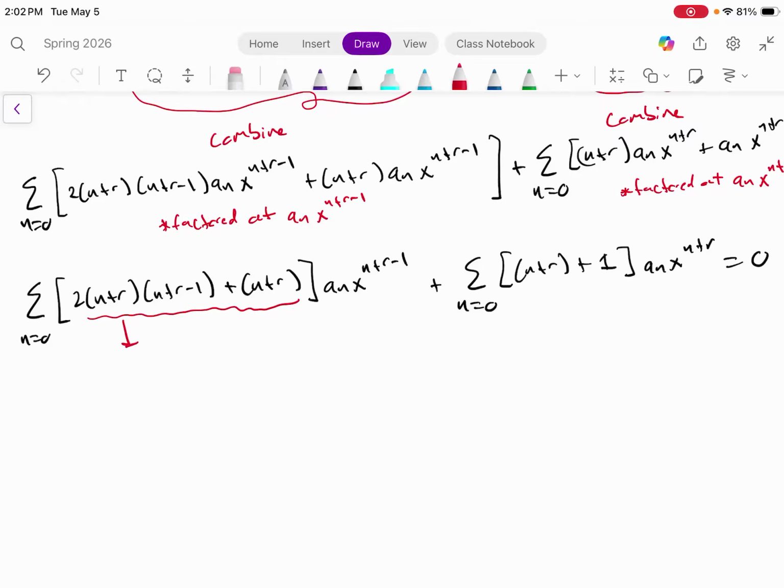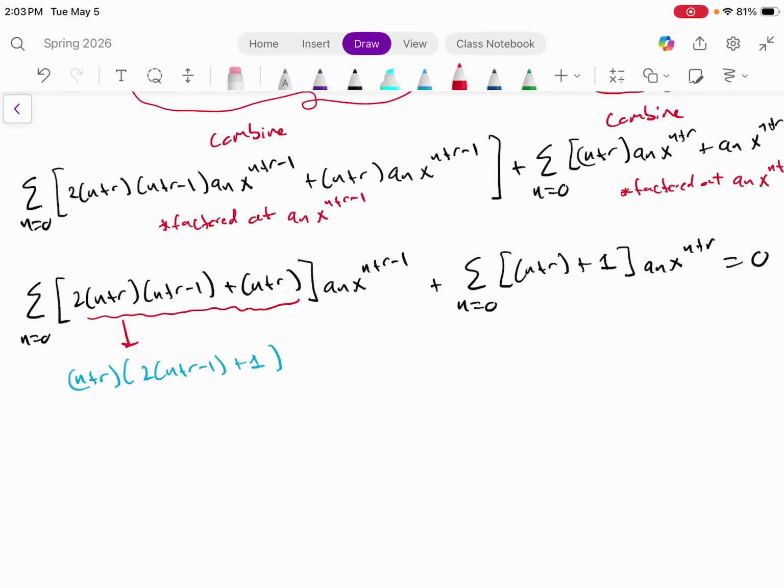So what do they have in common? They have n plus r in common, these two expressions. So I'm going to factor out an n plus r from those. So what this would look like is n plus r times 2 times n plus r minus 1 plus 1. All right, I factored out that n plus r.